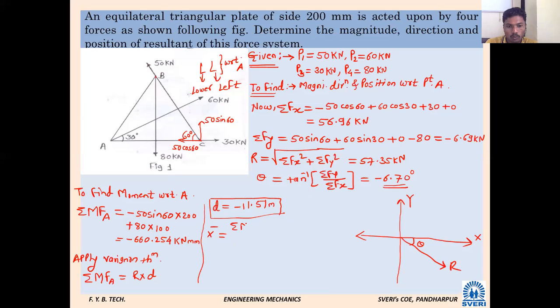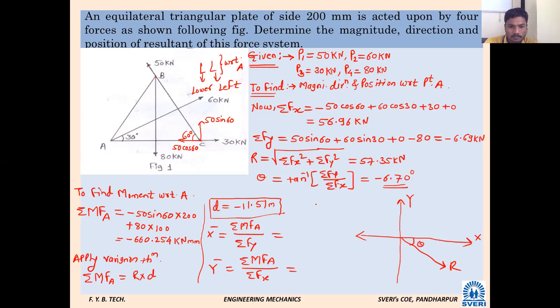What is X bar? Summation of moment due to all the forces at point A divided by summation Fy. Calculate X bar and Y bar. Summation of moment due to forces at point A divided by summation Fx. Calculate, or tell me first.